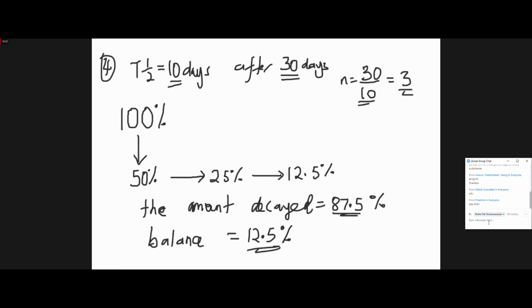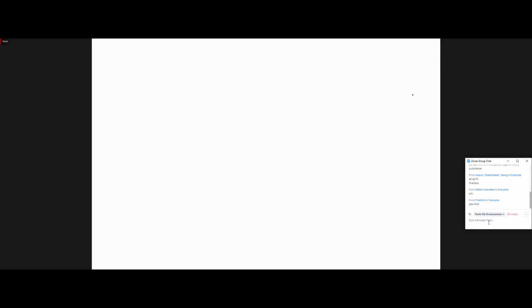Okay, next we are looking at question number 5. The half-life for number 5 is given as 20 minutes. Now, the fraction left after 1 hour.